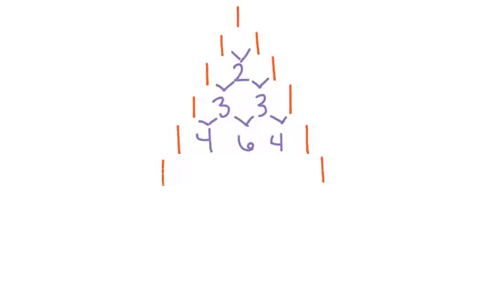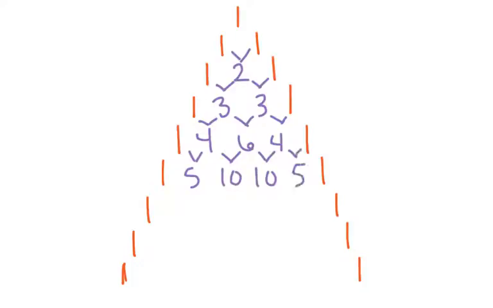Pascal discovered this pattern, and it helps us out with the stuff we're dealing with. So 5, 10, 10, 5, then 6, 15, 20, 15, 6. You can see that there's a pattern with these numbers.